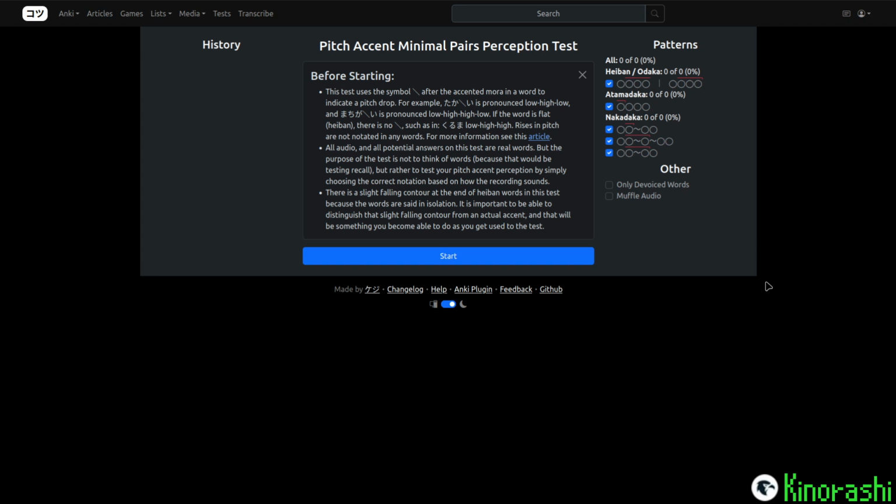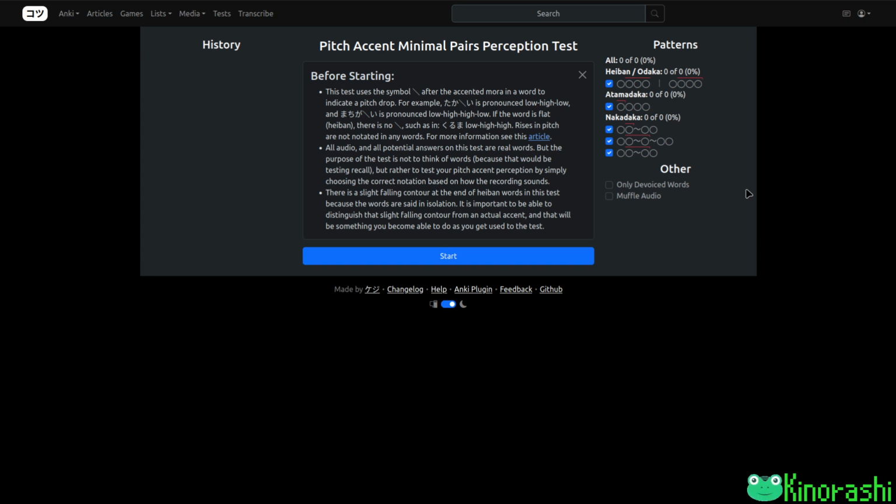See, above it said the pitch accents of polite forms of verbs and a few other forms are the same for all types of verbs. So the polite form is using nakadaka.